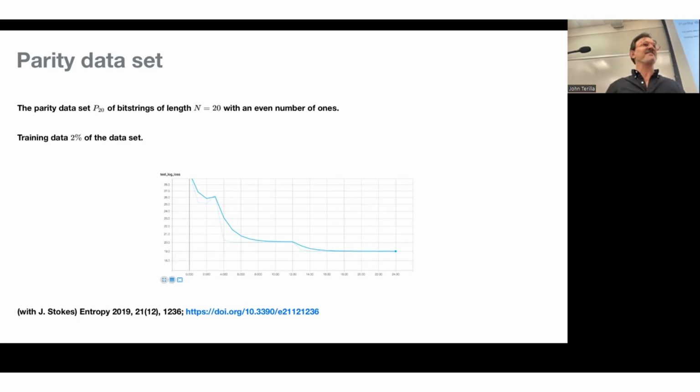To get a log loss of 19, it is the uniform distribution on 2 to the 19th elements, with no errors at all. This is a paper I wrote with James Stokes, who's at the University of Michigan. I think this was great because we trained with 2% of the data set and we learned it immediately. And I know of no other model that can learn this data set.